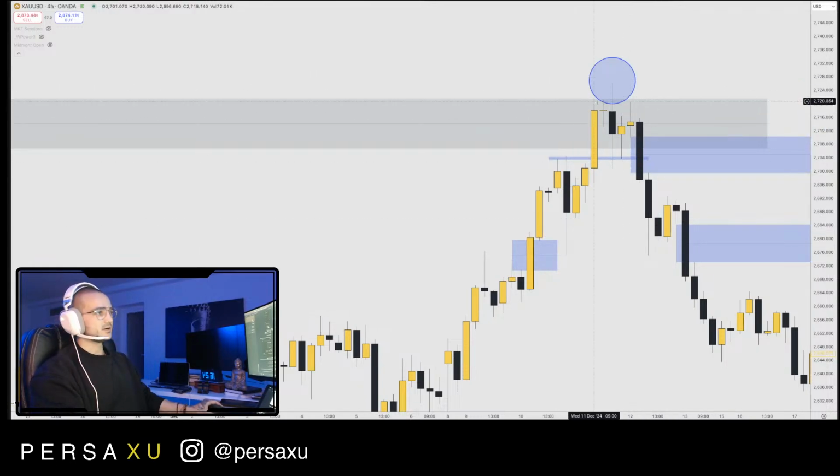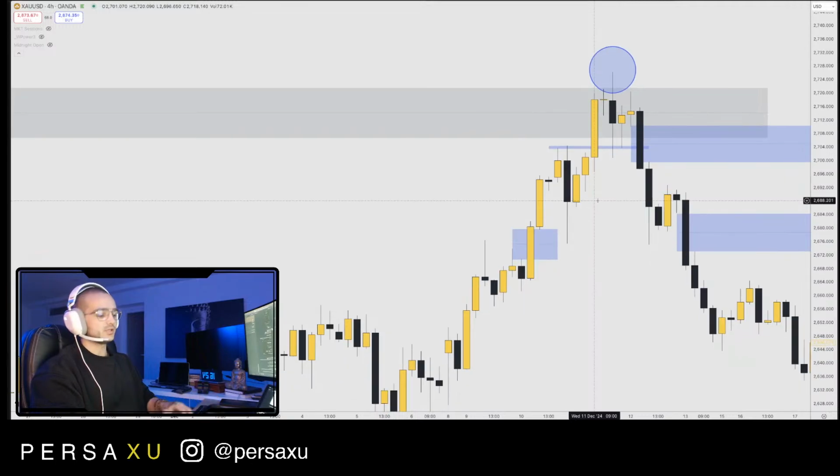This could be a very big area where buyers had their take profit levels. When we talk about orders, take profit and stop loss, there are stop orders. A take profit on a long position is a sell limit. Okay, and then a stop loss on a long position is a sell stop.